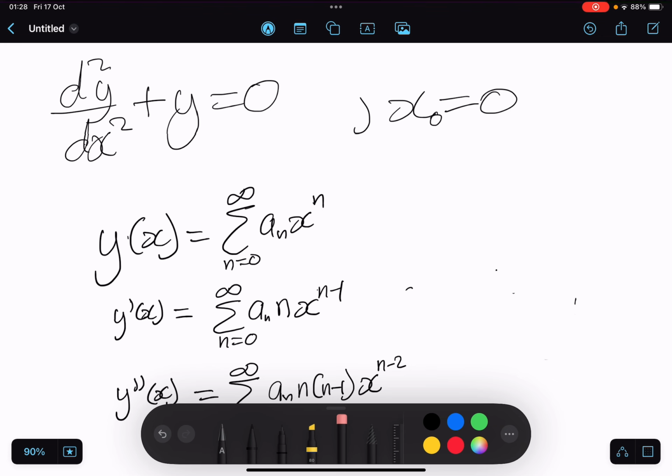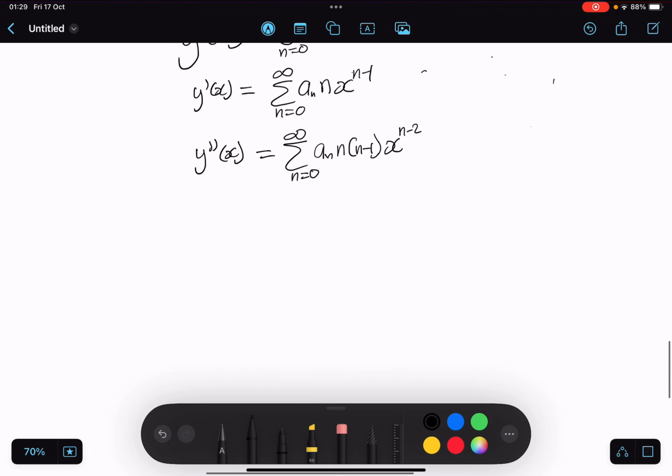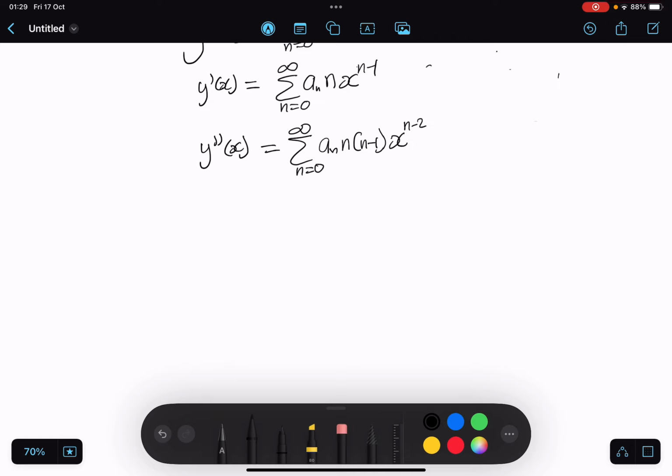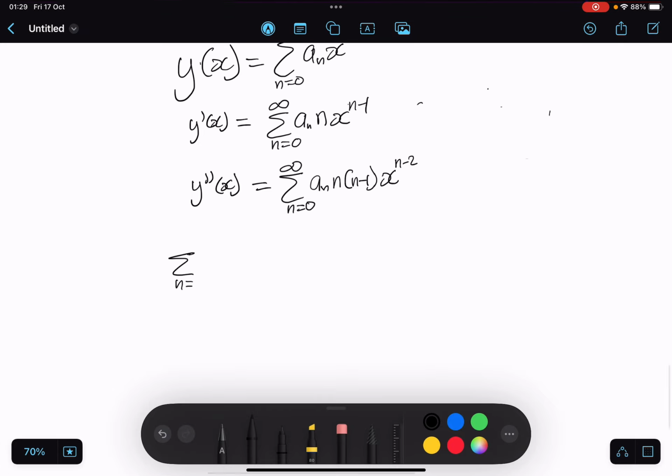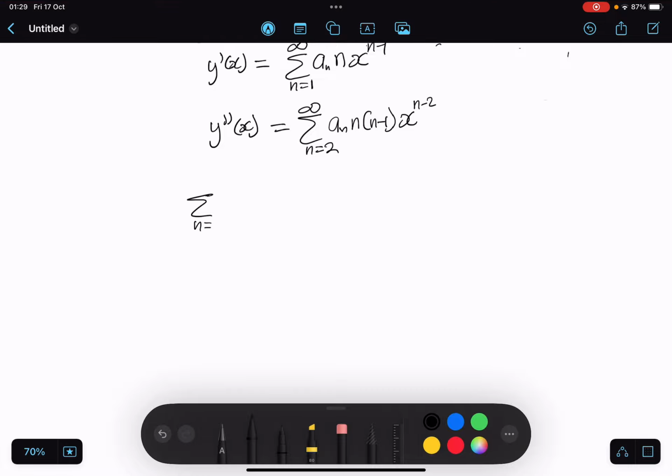If we are finding the first derivative, the sum is evaluated starting at n is equal to 1, and if you're finding the second derivative, it's evaluated at n is equal to 2, and if you're finding the third derivative, it's n is equal to 3, etc. So if you're finding the nth derivative, it's n is equal to n to infinity.